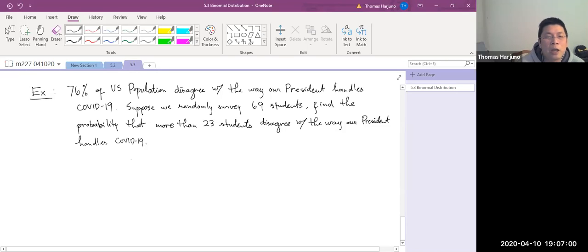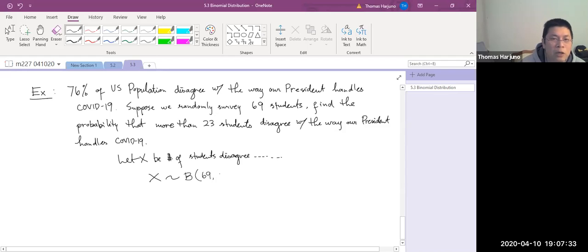So let X be the number of students who disagree with the way our president handled COVID-19. Then this X will be, well, either you agree or disagree, right? So binomially distributed, number of trials 69, and probability of success, the probability that a student disagrees, is 0.76.